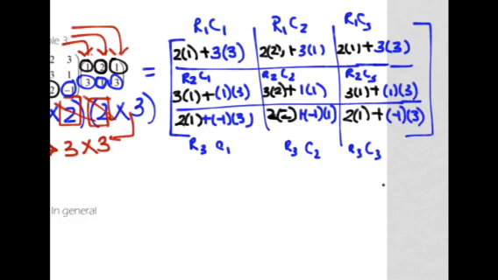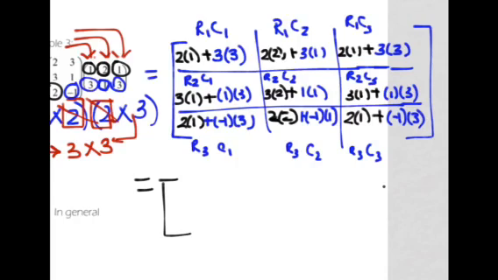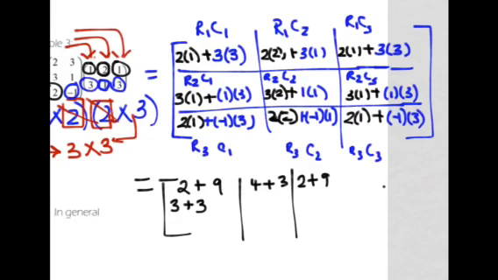Simplifying all of that, I may try to squeeze this in here. I don't think I can. 2 plus 9, 4 plus 3, 2 plus 9, 3 plus 3, 6 plus 1, 3 plus 3, 2 minus 3, 4 minus 1, 2 minus 3.